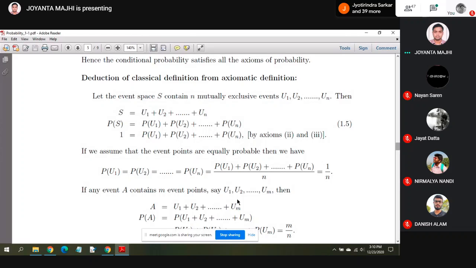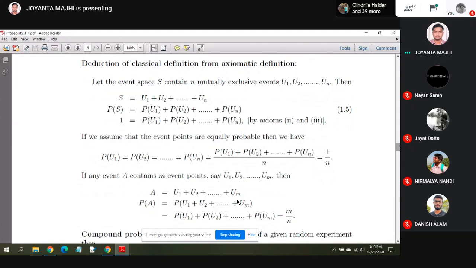Now we try to derive the classical definition from the axiomatic definition. What is the classical definition? If E is a random experiment and its sample space S contains n points, and A is an event of that random experiment E and contains m points, then probability of A is equal to m by n.